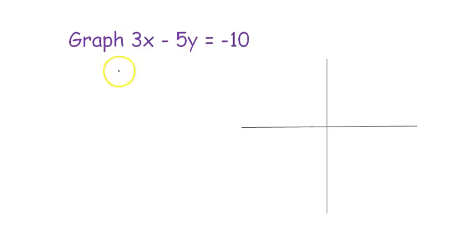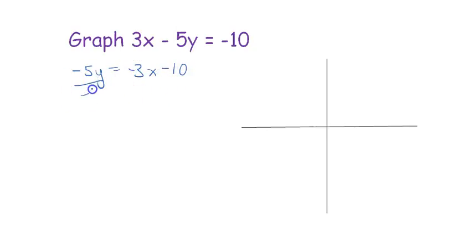And so it's really easy to find the x and y intercepts and to graph using those. Okay, I'm also going to graph this one, but I'm going to use the slope-intercept form. So I'm going to get the y by itself, which means I'm going to need to subtract the 3x, which is going to leave me with negative 5y equals negative 3x minus 10.